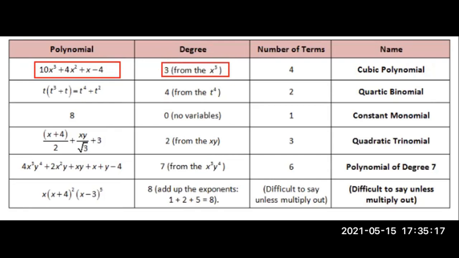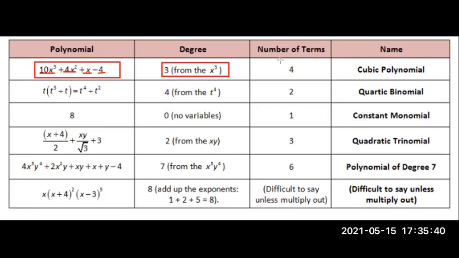First term is our 10x to the power 3, that is our first term. Second term is our 4x square, that is our second term. Third term is our x, that is our third term, and fourth term is our 4, that is our fourth term.